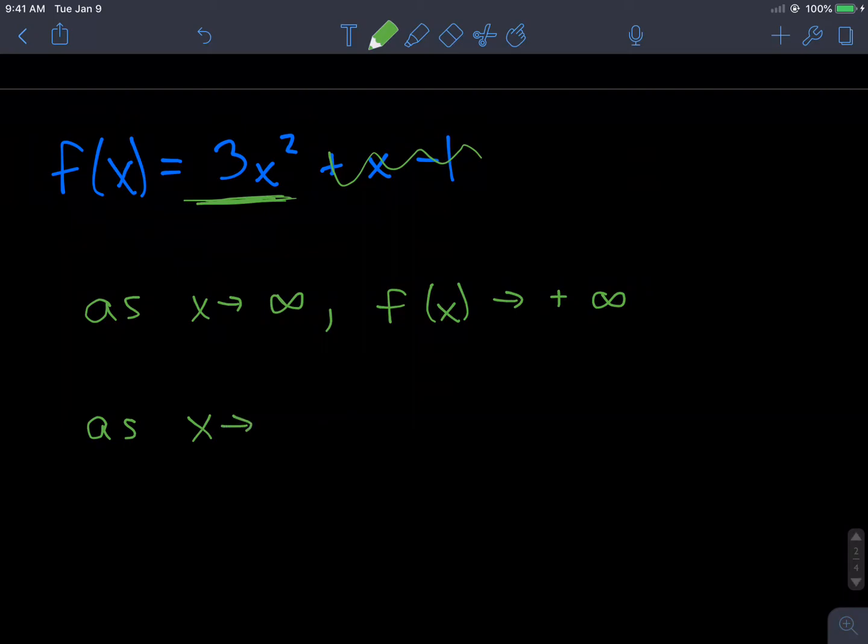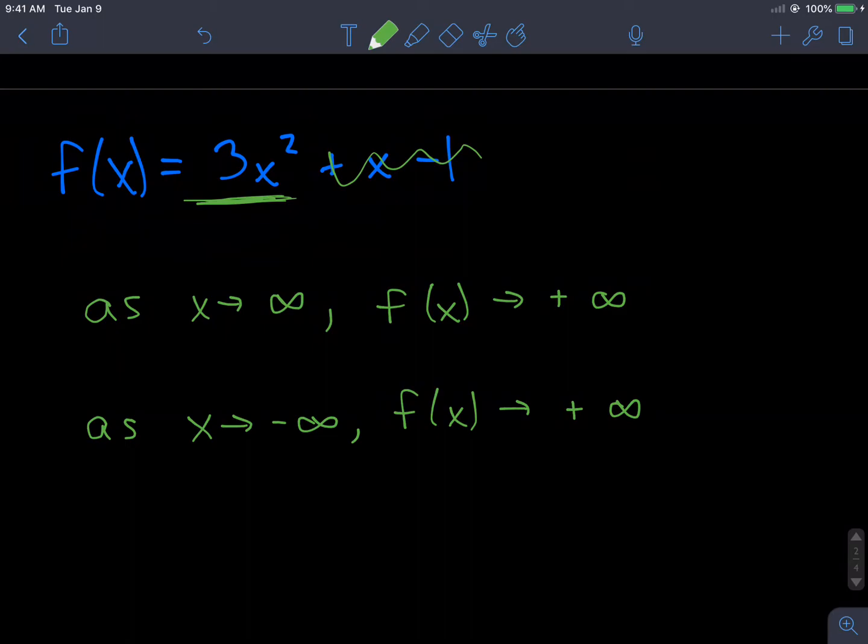And what about as x goes towards negative infinity? So if x is going to negative infinity, if we're plugging in large negative values, well, a negative squared is positive, right? And then multiplied by a positive coefficient is still going to be positive. So our end behavior to the left is still a positive infinity.